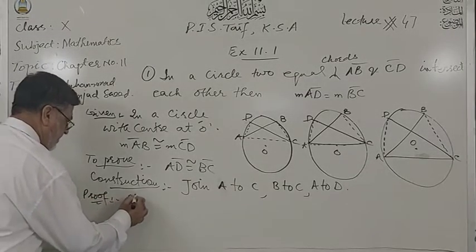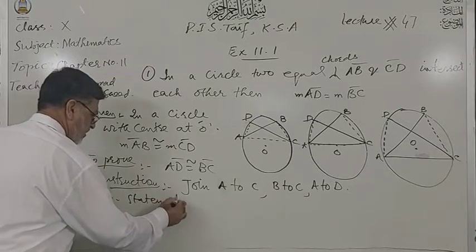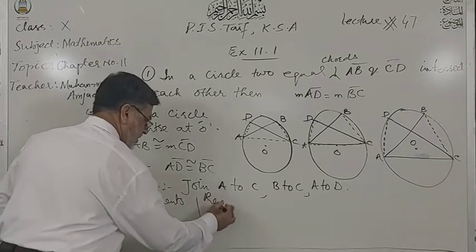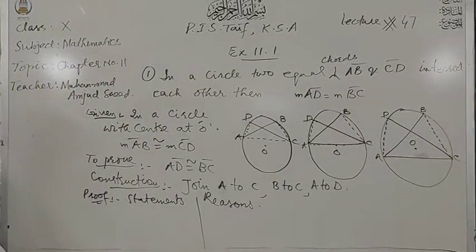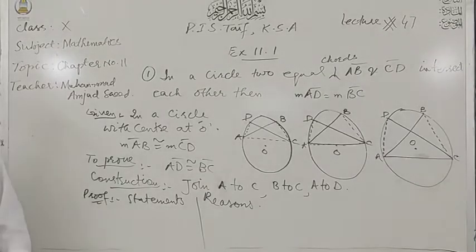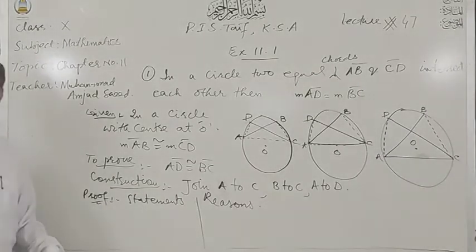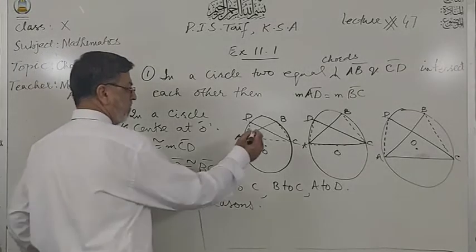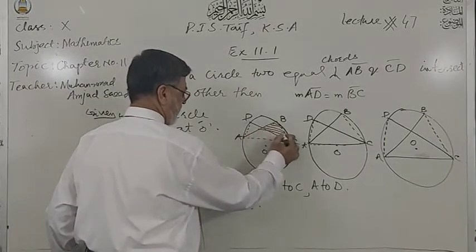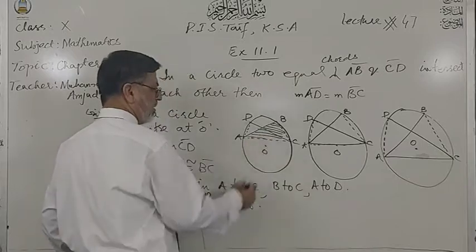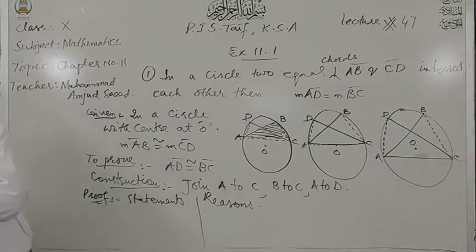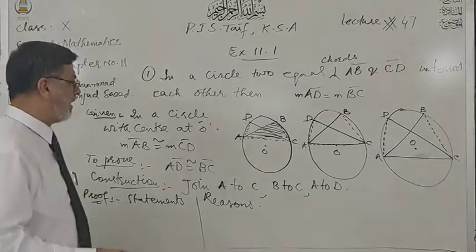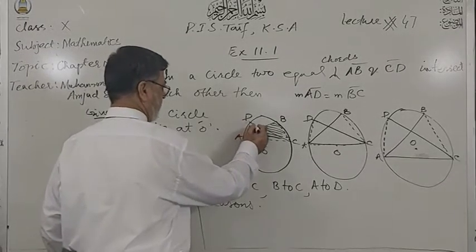Now, what is proof? Proof is statements and reasons. Dear students, we have one triangle ABC and the other triangle ADC.